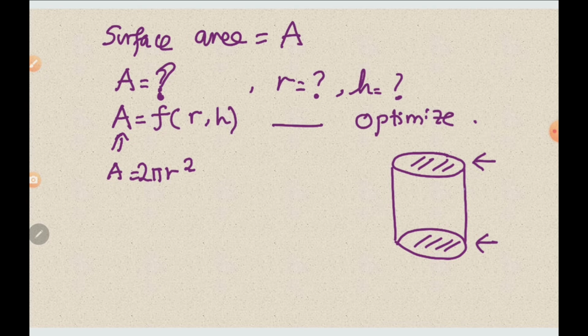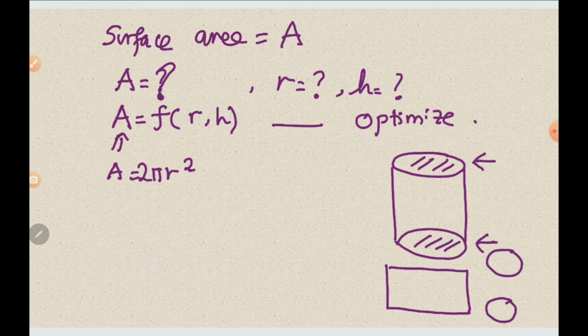Then when you open it up, you unroll the side, you will have the shape of a rectangle, with a circle at the top and also a circle at the bottom.